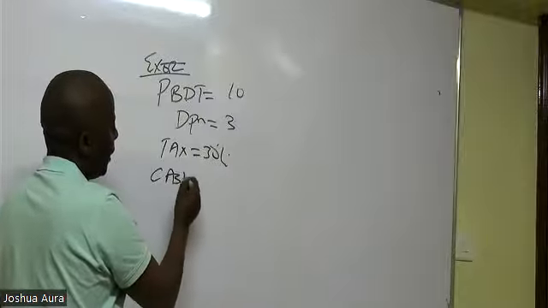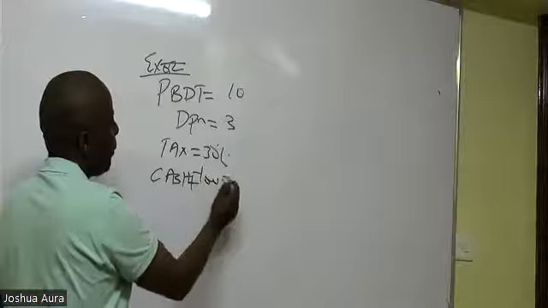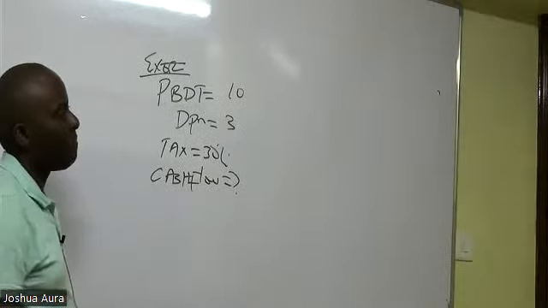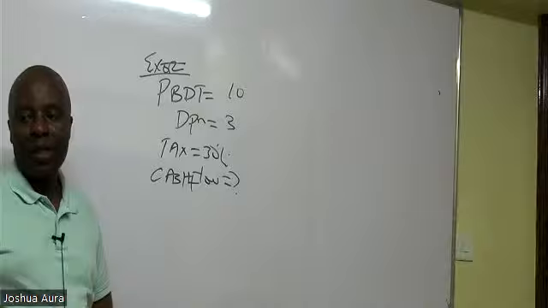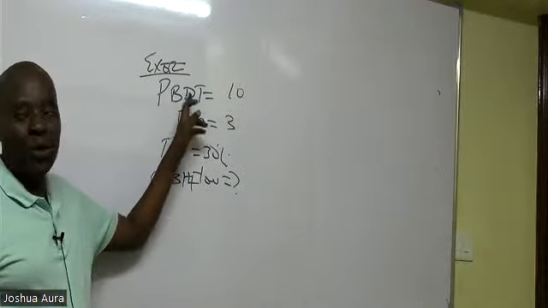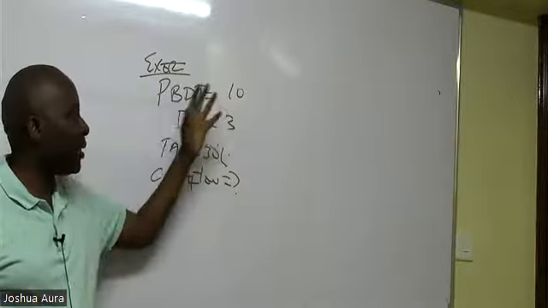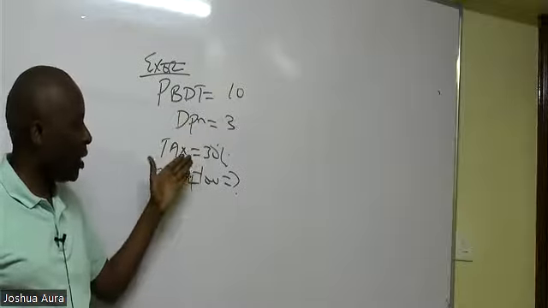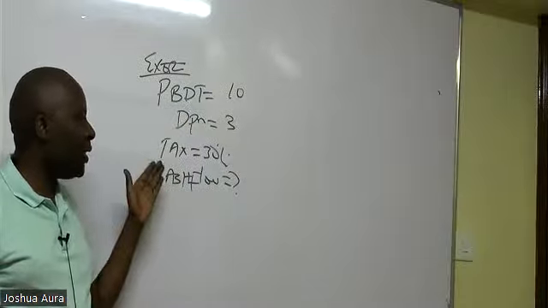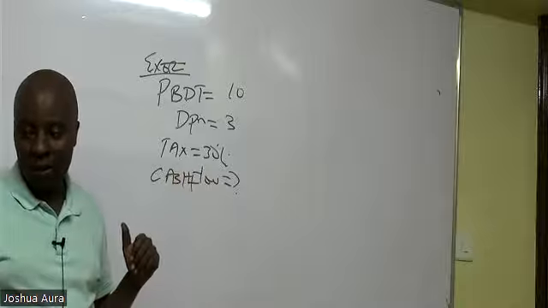Could you kindly give me the cash flow there? Good question. They have given us profit before depreciation and tax of 10. Depreciation is 3. Tax is 30%. Then they want us to give them cash flow.